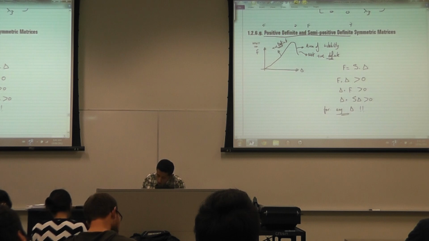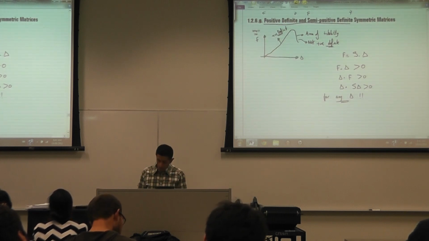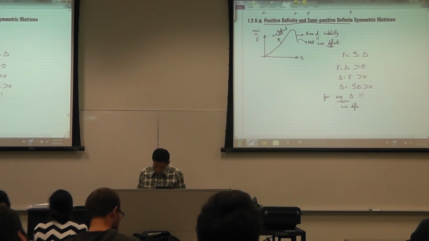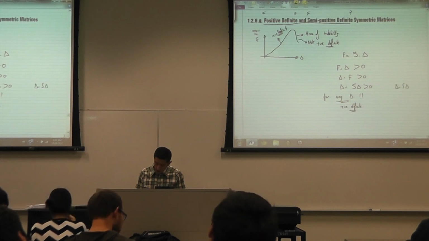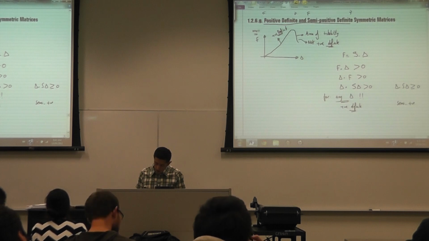And this is what we call positive definite. And delta dot S delta greater than or equal to 0, that's what we call semi-positive definite.